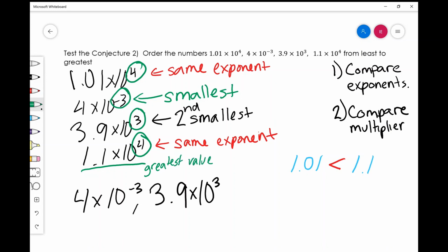So the next number in my list should be 1.01 times 10 to the 4th, with my final number being the greatest value of 1.1 times 10 to the 4th.